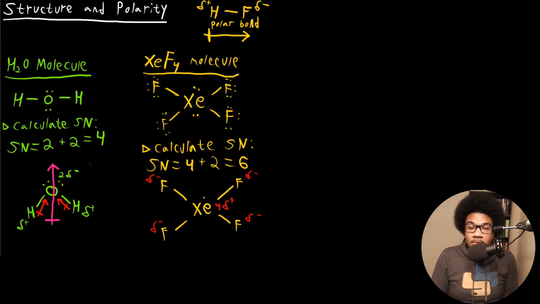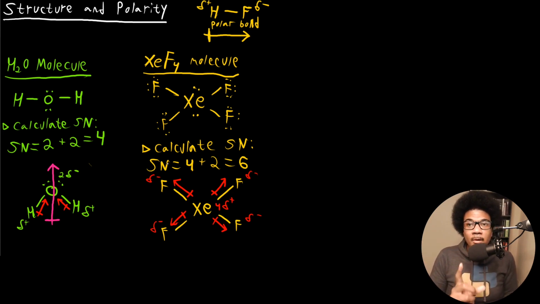So all of these are going to be polar bonds. They're going to favor the fluorine. So we're going to have a polar bond dipole here, here, there, and there. So we've got polar bonds all the way around.